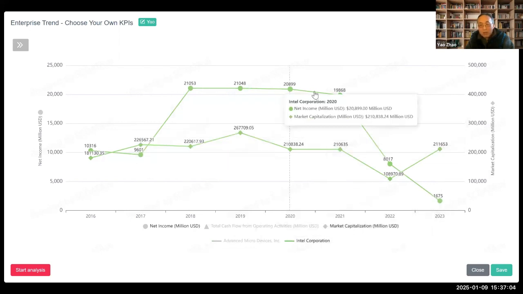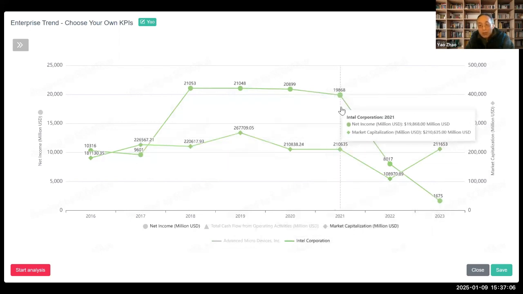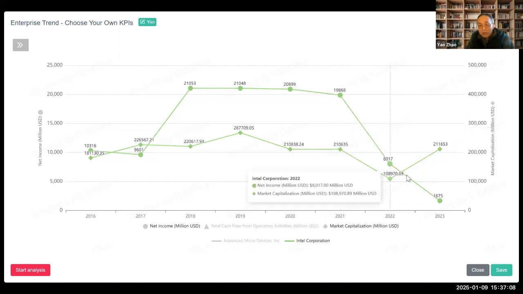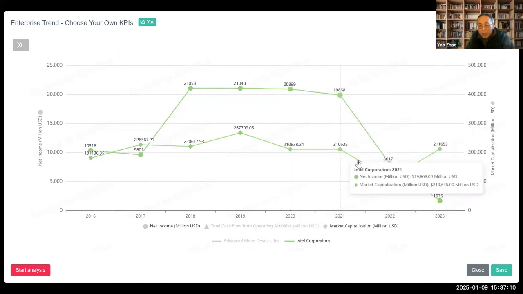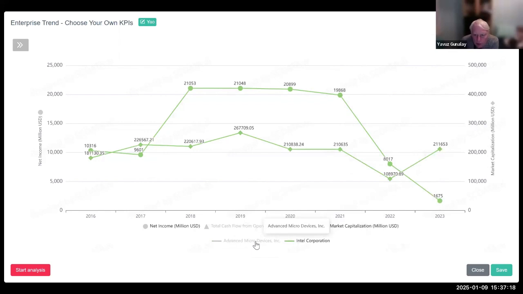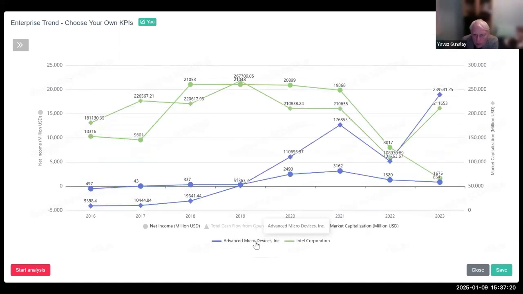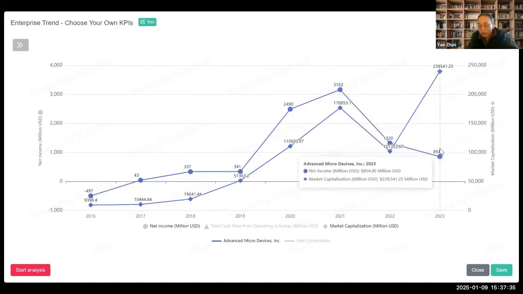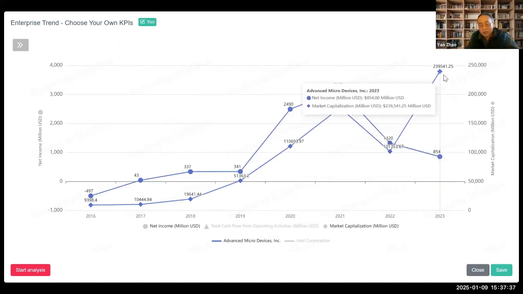Look at this, this is Intel's slowdown. It went sharply down. The stock price first follows and backs up, and there's a lot of speculation going on here. In 2024, indeed, AMD drops. So eventually it will have to return to rational, based on financials.